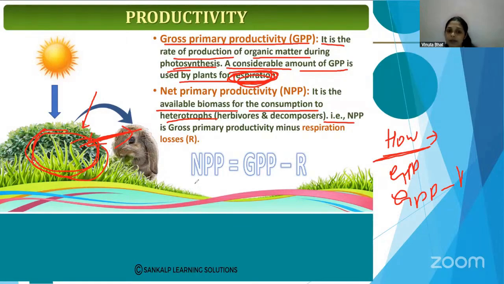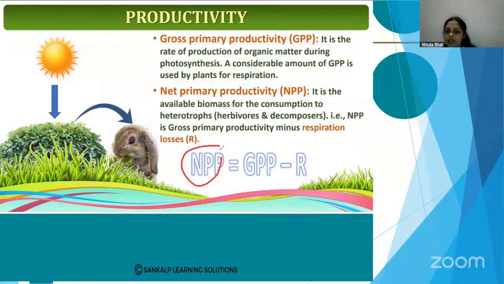So how can we get the net primary productivity? Net primary productivity is equal to gross primary productivity minus R. R means the considerable amount that is used by the plants for respiration. So how do you get the net primary productivity?